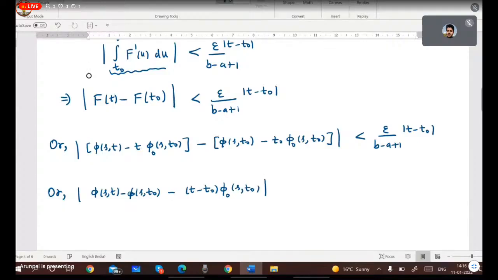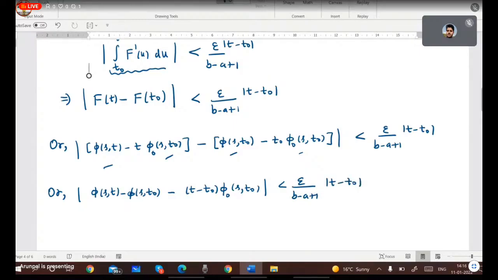This is simple algebra. You can check it. You just combine all these four terms. Is less than epsilon upon b minus a plus 1 modulus of t minus t naught.